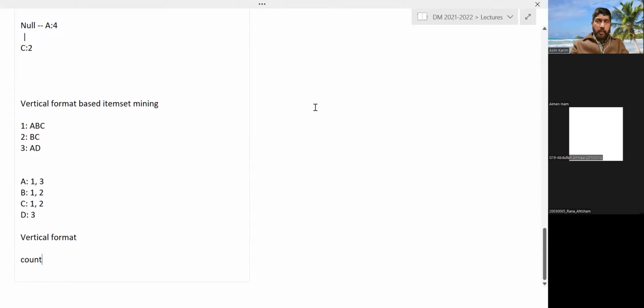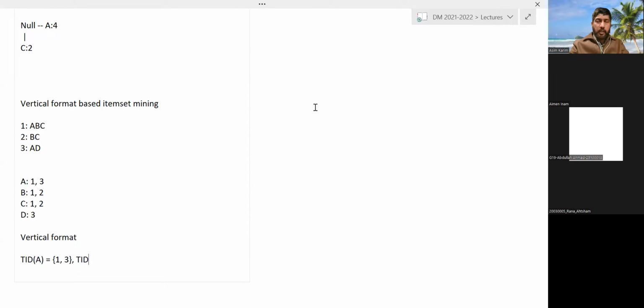So in other words, in the vertical format, if you want to find the count of any item, let's say A, you can call this the transaction ID. TID of A is the set {1, 3}.